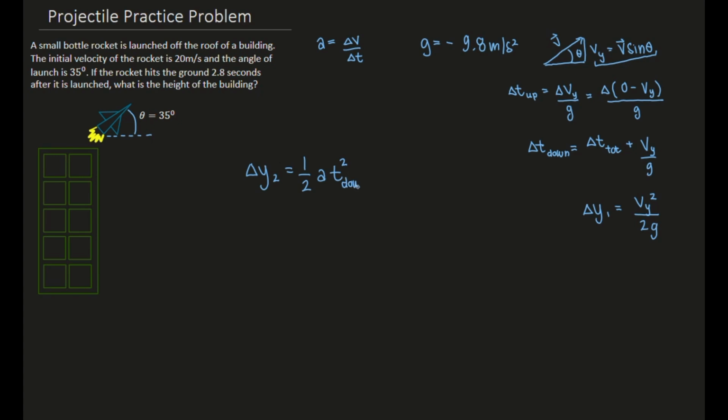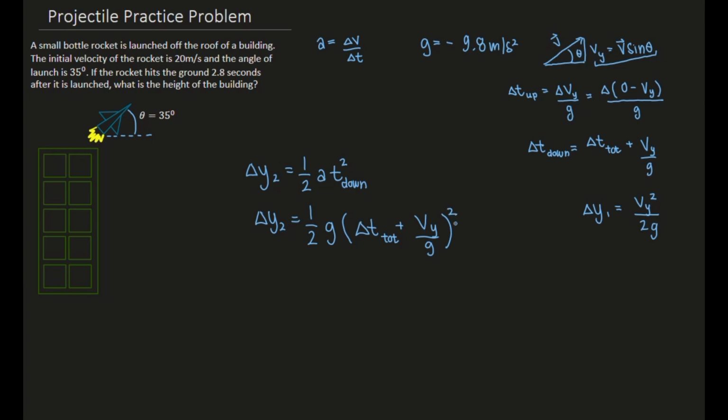That's important to note. The acceleration in this case is gravity, so our second height is going to be 1/2 g, and the time it takes to go down is the total time plus this Vy over G, and all of that is squared.